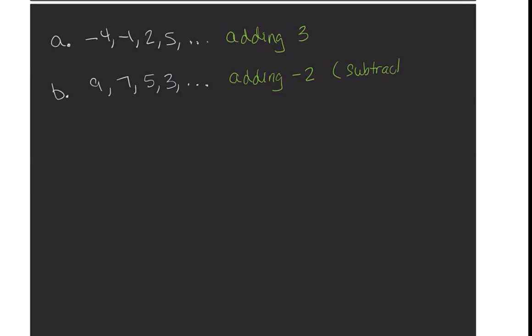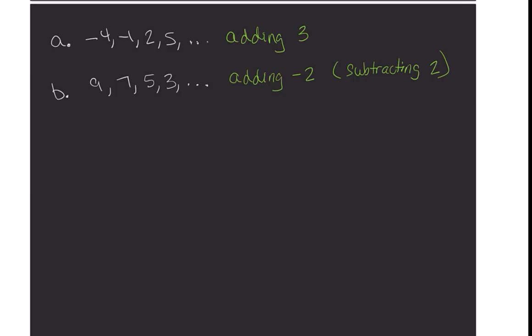So either one would be correct. You would actually be looking for -2. But if you were to put it in words and write subtracting 2, that's fine. But ultimately in the end, we're going to come up with the equation for it. As long as you know subtracting is -2, you're good.